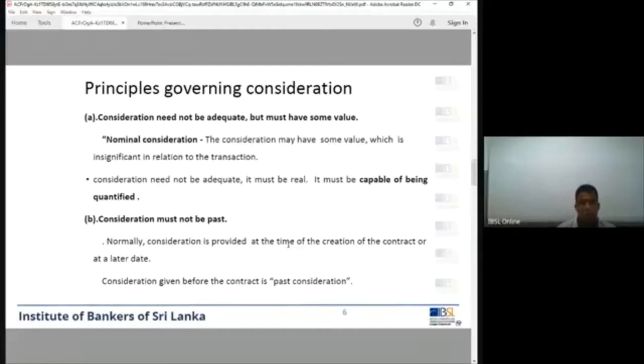It should have a sufficient value, though it need not be adequate. Adequate means equal to the real value. It is not necessary to be equal, but it should be something close to the real value. So that is called adequate, right? Is that clear?